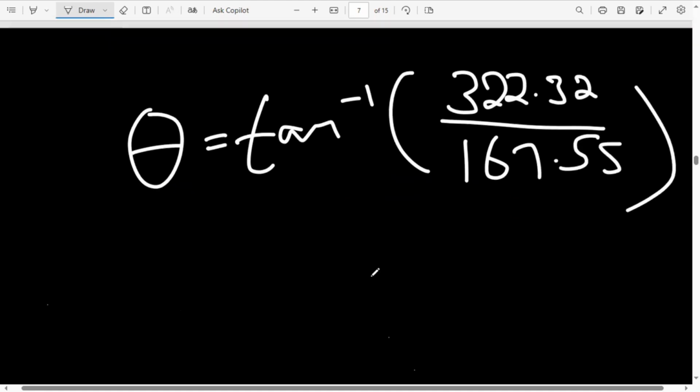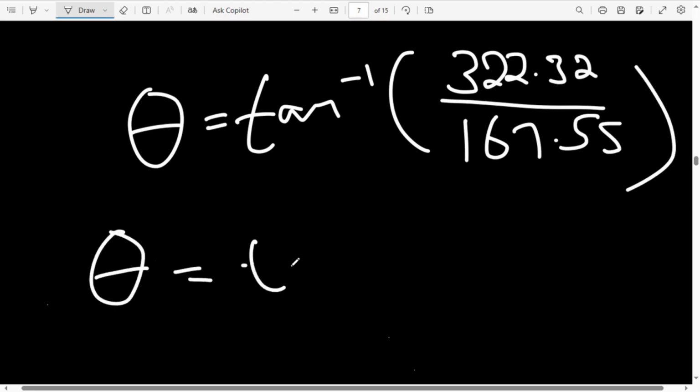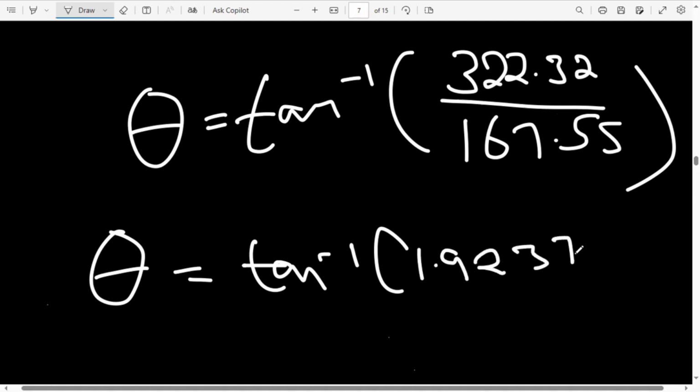So what do you get when you punch this on your calculator? Tan inverse of, let's punch this: 322.32 divided by 167.55. I'm getting 1.923742.